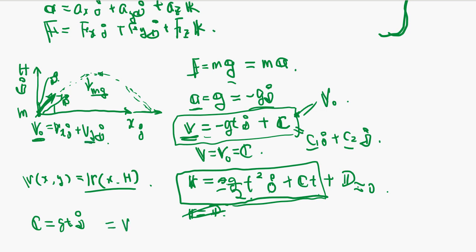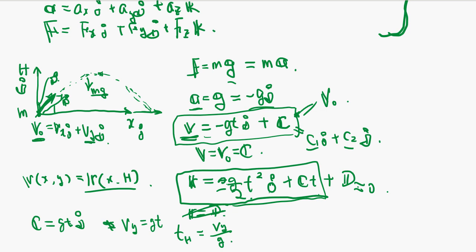So it's going to be vy equals gt. So the time at the highest point is given by vy over g.